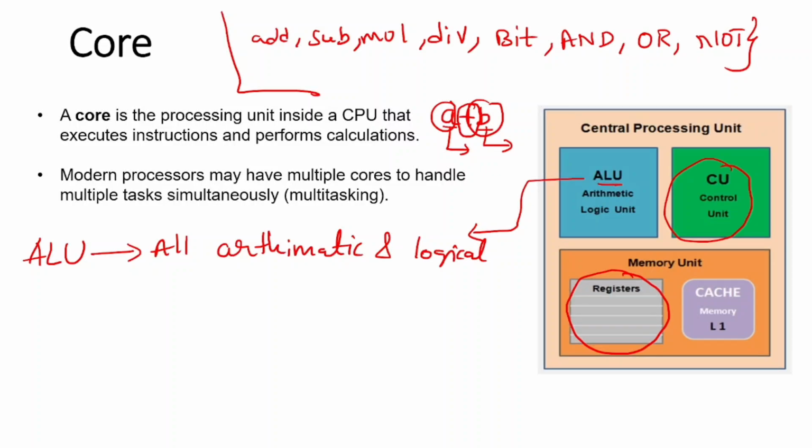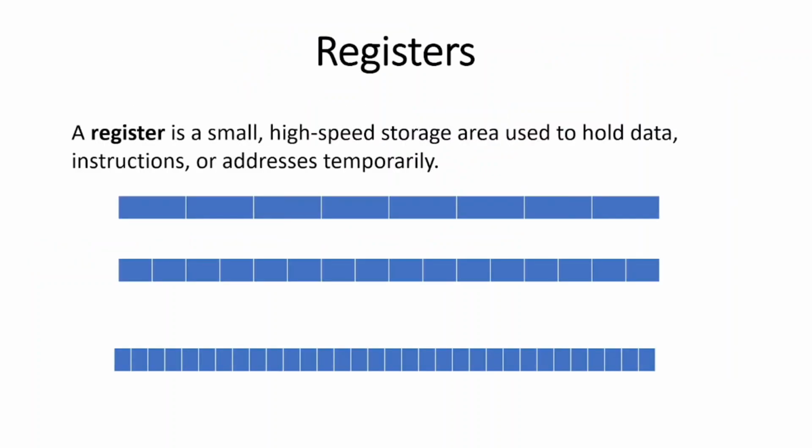Okay, it may confuse you sometimes, but don't worry, first I will explain what a register is, and then you'll get to know. A register is a small and high speed storage area used to hold data, instructions or addresses temporarily.